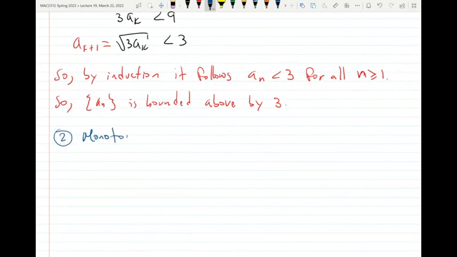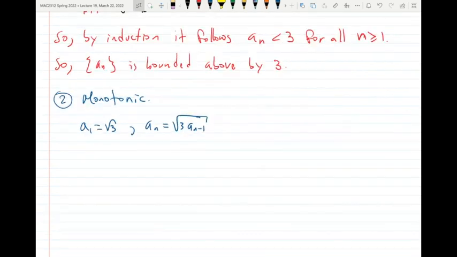Okay, so number 2, monotonic. So again, we have that a1 is equal to square root of 3, and then an is going to be the square root of 3 times an minus 1. So I want to argue that the next term is always bigger than the previous term, okay?